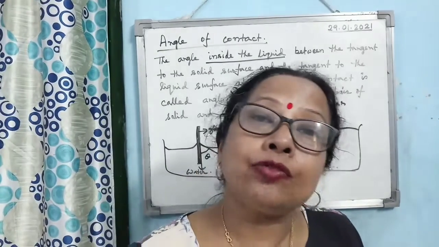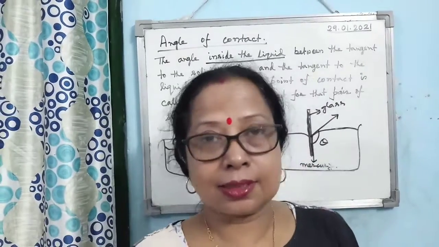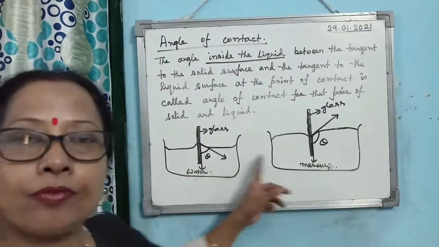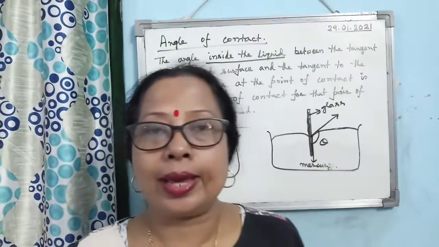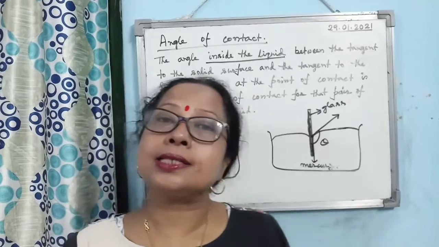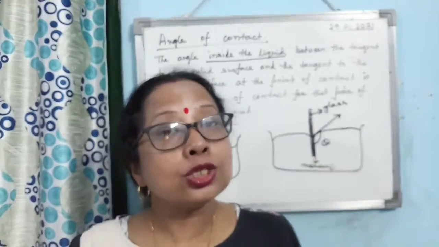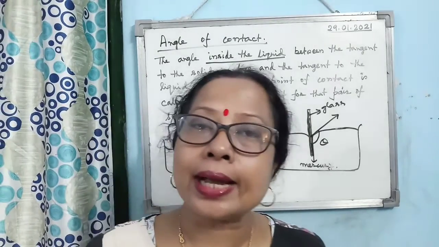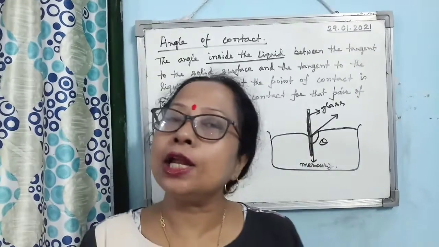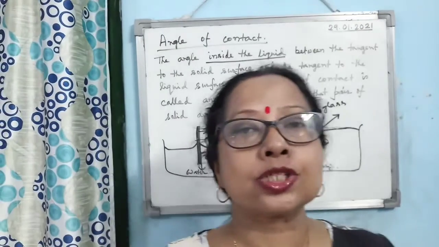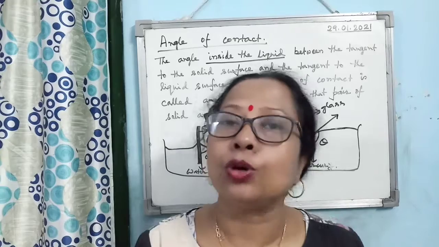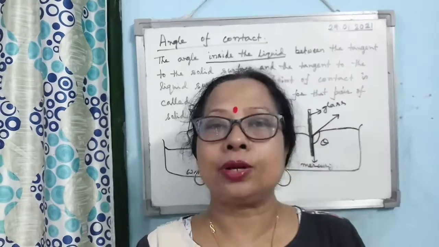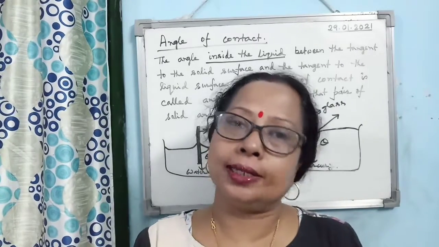The liquid which wets glass, just like water. Water can wet glass. For these liquids, the angle of contact is acute. Alright. So in the opposite way, if the angle of contact for a liquid and solid is acute, then that particular liquid can wet the solid.